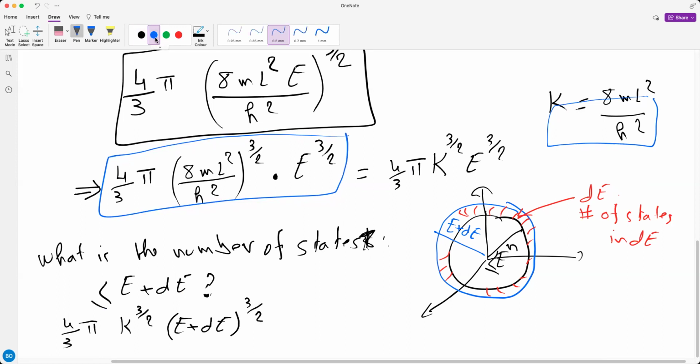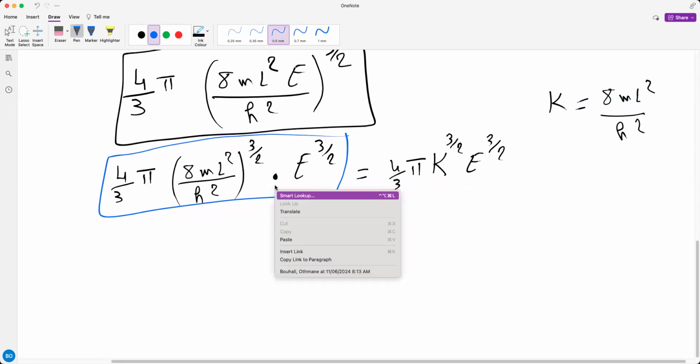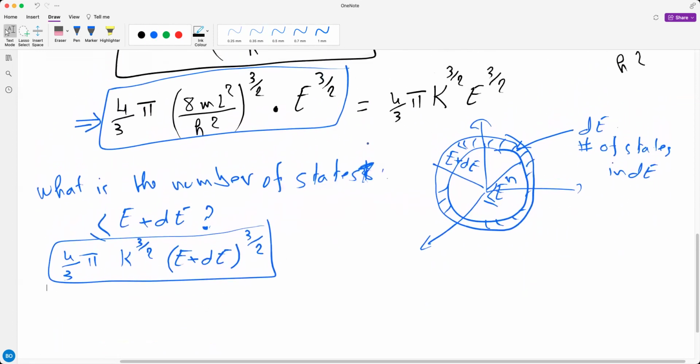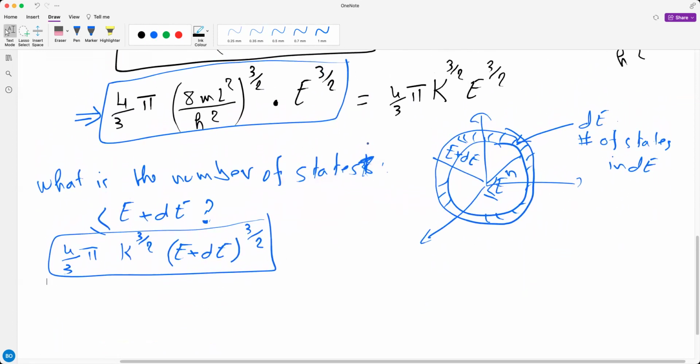Do you agree? Okay. Do you agree? Yes, because I defined what I did above. I defined the number of states for any energy.